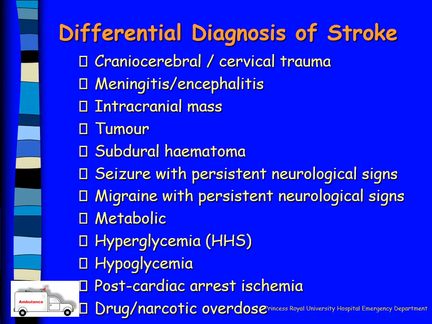Equally, after someone's had a cardiac arrest, because they have ischemic brain injury, that may cause some focal neurological deficit, and someone who's ingested any drugs or opiates as well may display symptoms of confusion which could be misinterpreted as a stroke.